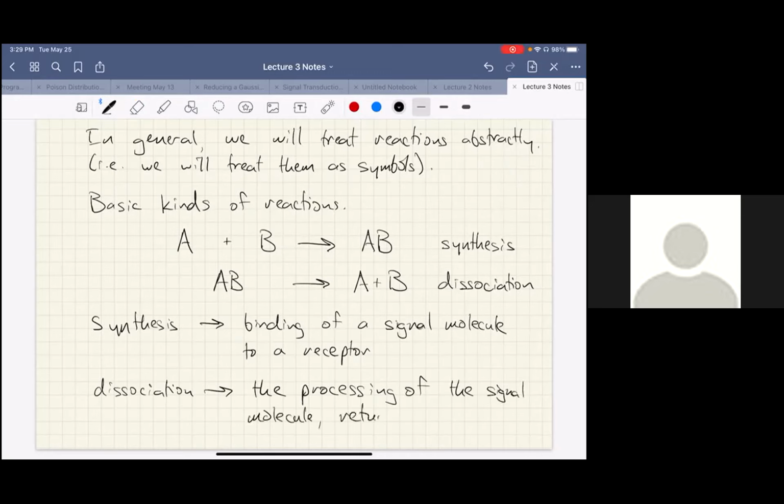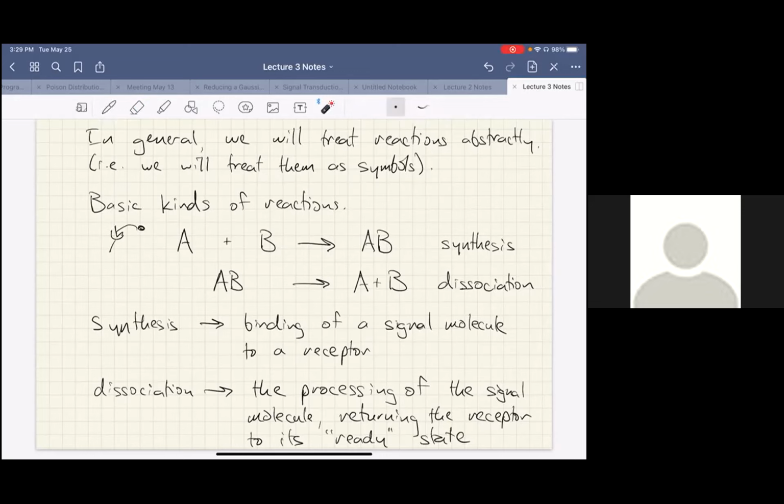Returning the receptor to its ready state. In other words, what we might think about is that this reaction, if you imagine the receptor looking like this, a signal molecule is coming along and might find its way into the receptor, forming a compound.